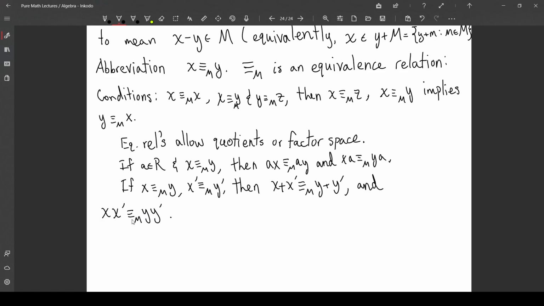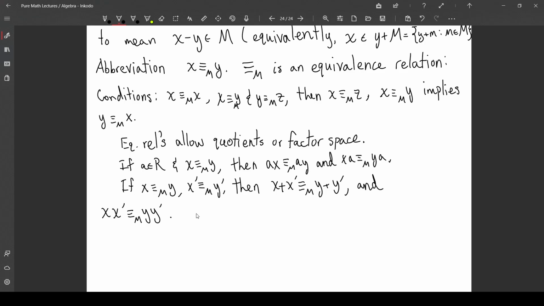Okay, so why is this true? Essentially, you can do it in steps.